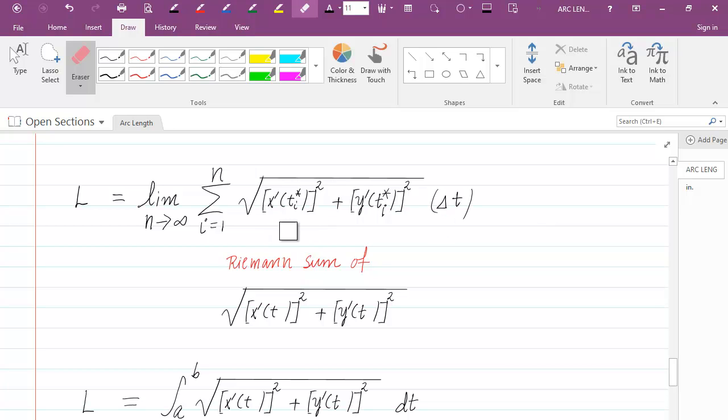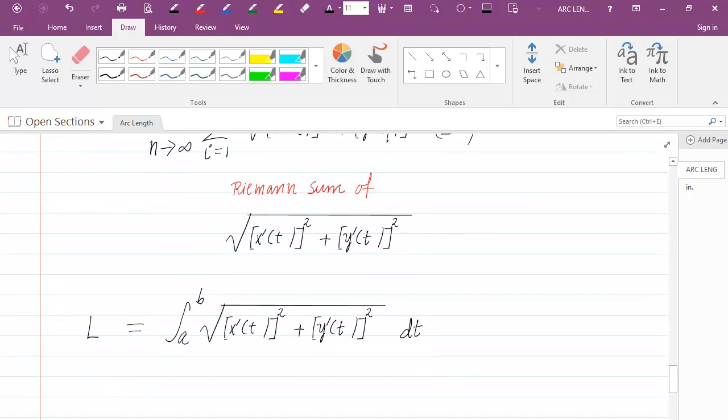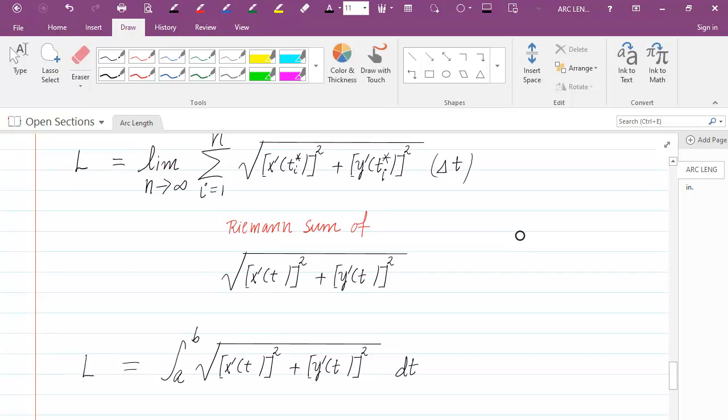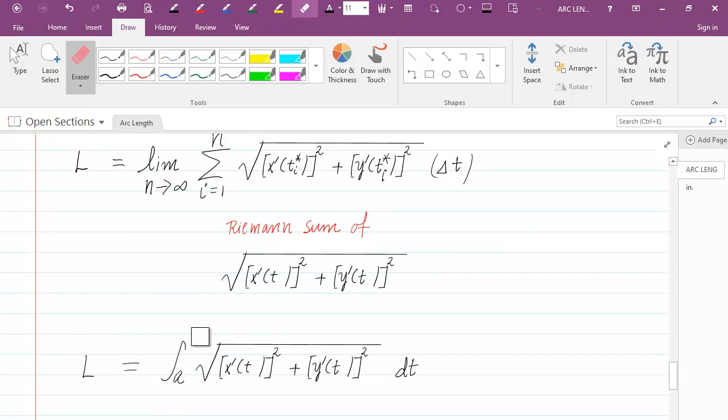And this is the Riemann sum of the function x prime of t squared plus y prime of t squared. So as a result, this limit will be equal to the integral from a to b of the function root of x prime of t squared plus y prime of t squared dt.